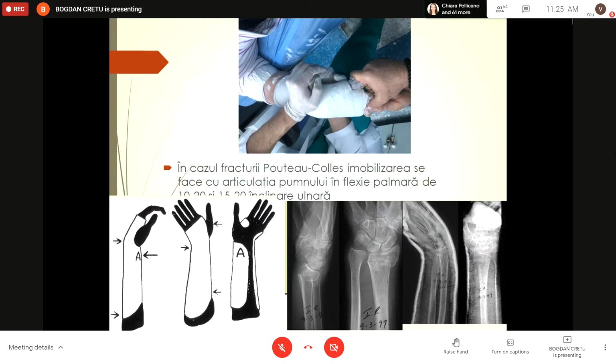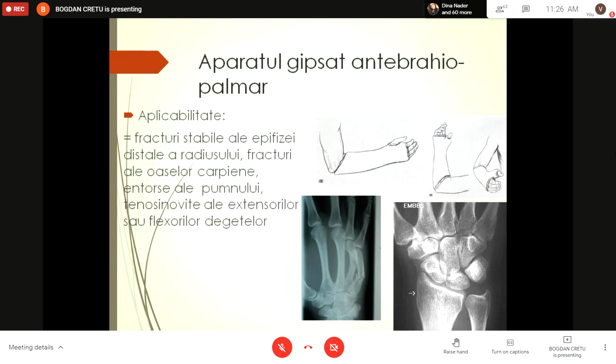I think you've heard about the protocol fractures. Yeah, the immobilization should be done with the wrist in 50 to 30 degrees of flexion and 15 to 30 degrees of ulnar inclination for best reduction of the fracture.